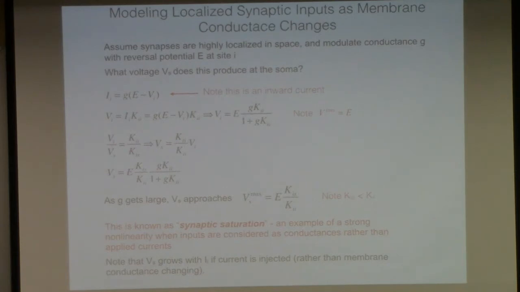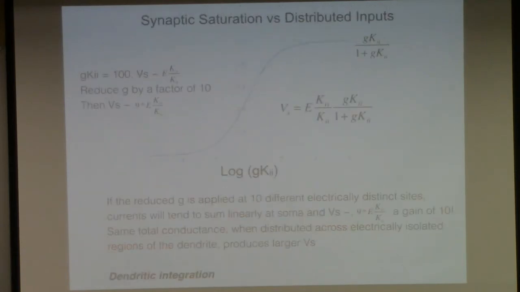Again, this property is called synaptic saturation, and this shows you what these curves look like. Here is a plot of the term that scales the reversal potential in that previous expression, as a function of the base 10 log of G times K_II. That's what that scaling function looks like, and here we see the effect of synaptic saturation.